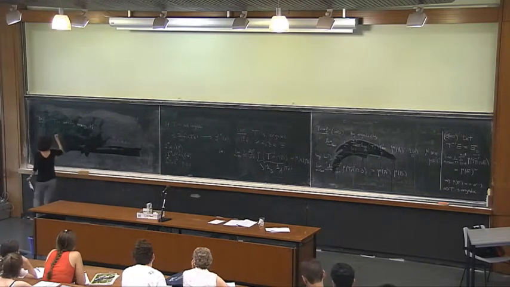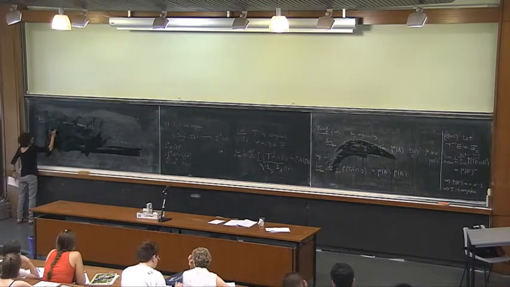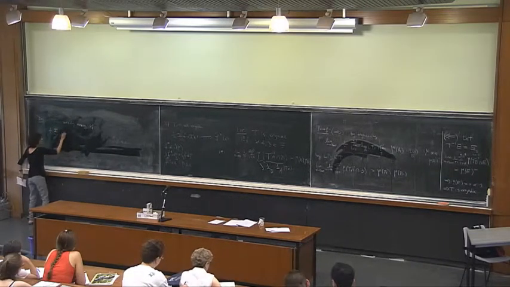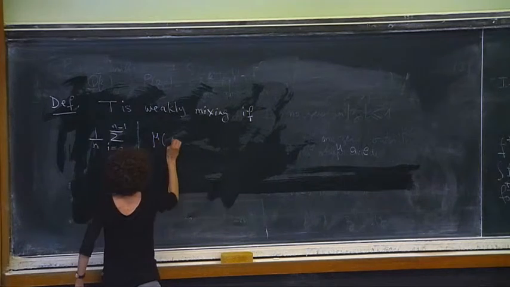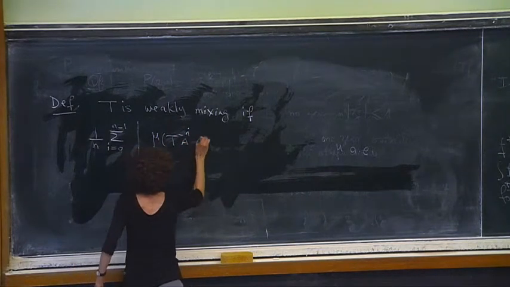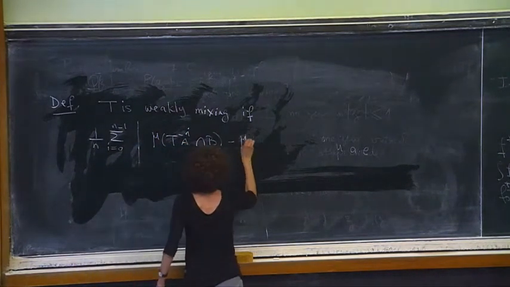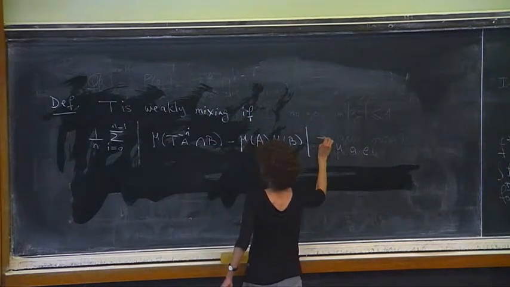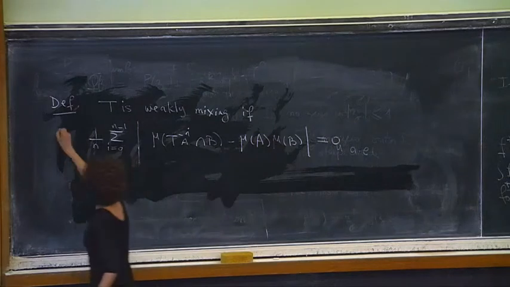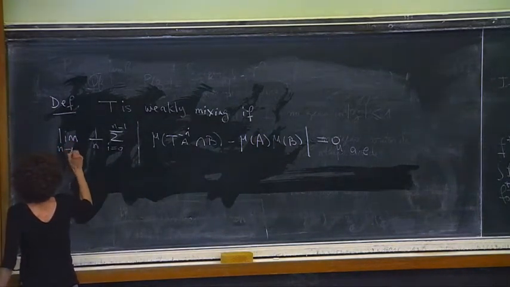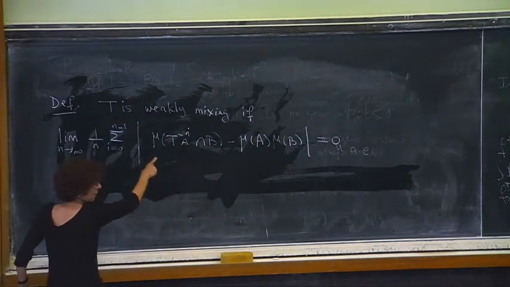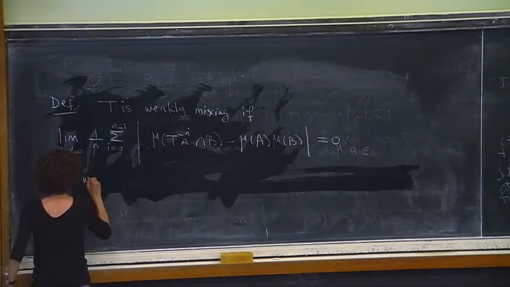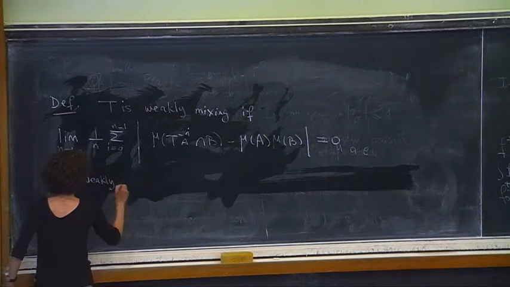T is mixing if you have this, but now the absolute value of the measure of T minus i A intersection B minus the product is 0. And of course, absolute convergence is stronger. So weakly mixing implies ergodic.